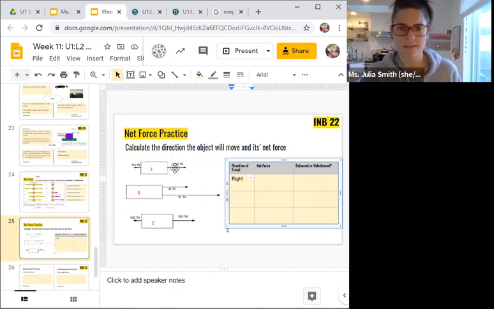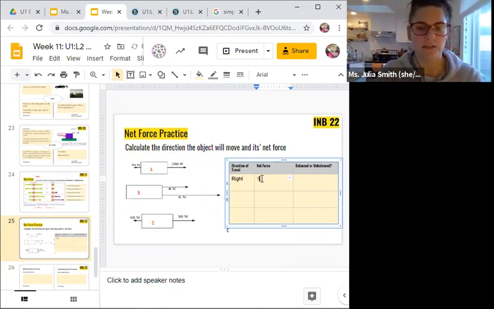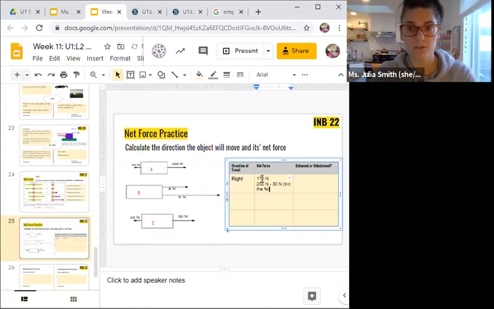And so I can see that this force is 170 newtons stronger than the other one. And I'm subtracting, I'm doing 200 newtons minus 30 newtons because the forces are moving in opposite directions.